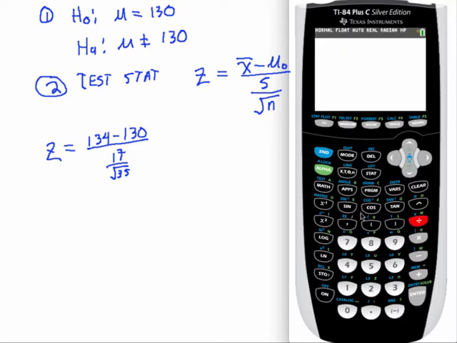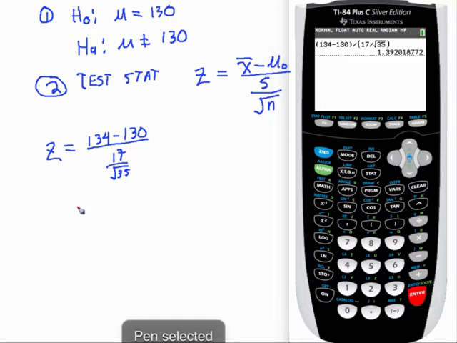There's our 17 divided by the square root of 35. Close out of that square root by hitting the right arrow if you have a newer calculator. If you're on an older calculator, you have to close it off with a parenthesis and then put a second parenthesis to close off the denominator. When you do that, you should get back 1.392. We'll go out 3 places here.